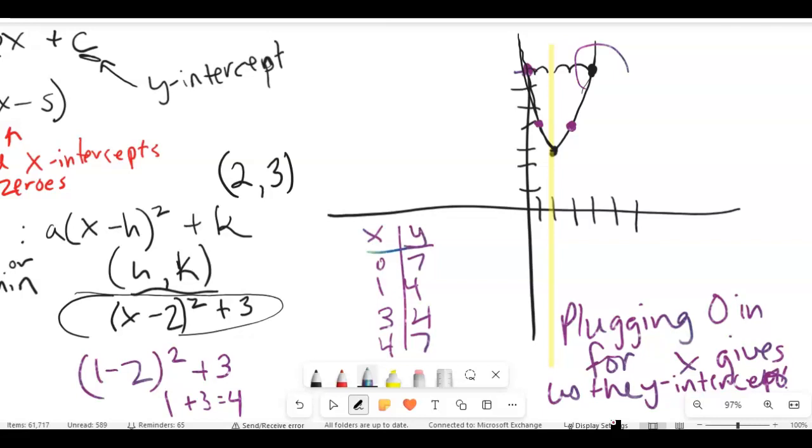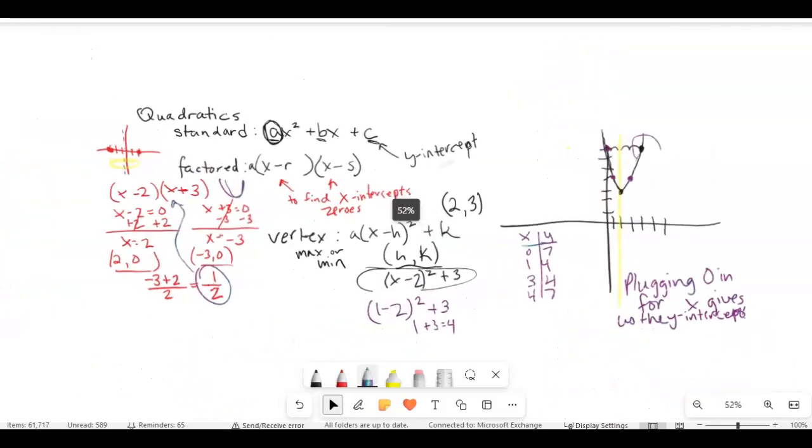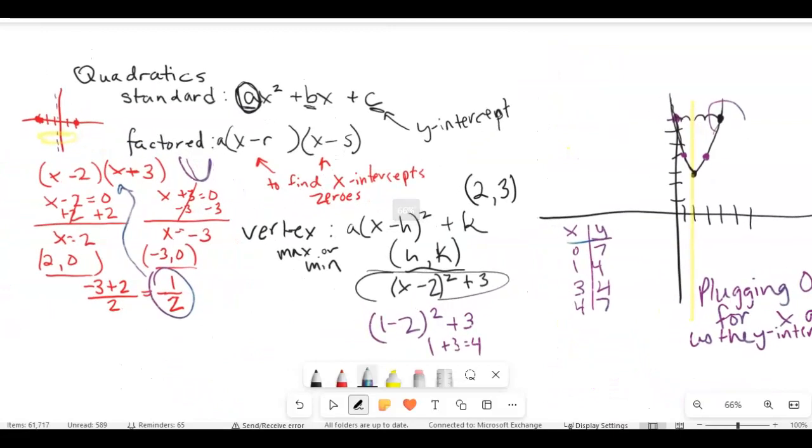Okay? So you can plug in x values and figure out the y values for the curve if you have the equation. All right, so that is your review of the 3 types of equations: standard, factored, and vertex form. Take a look and make sure that you know what the difference is in how they look, right? This has ax squared, the squared term is visible, plus bx plus c. Our factored form has it in parentheses and helps us to easily see our x-intercepts.